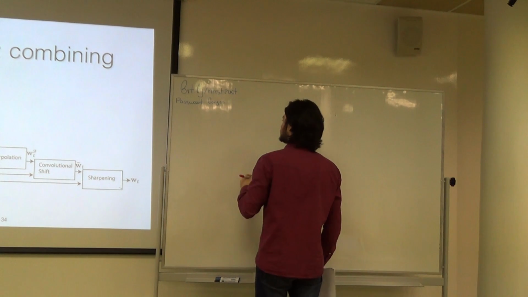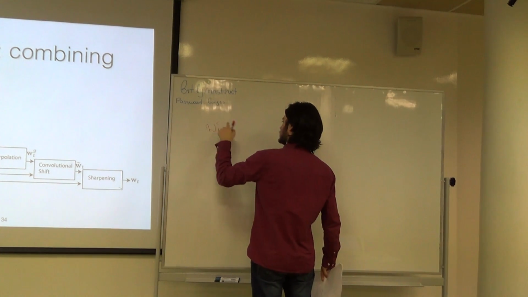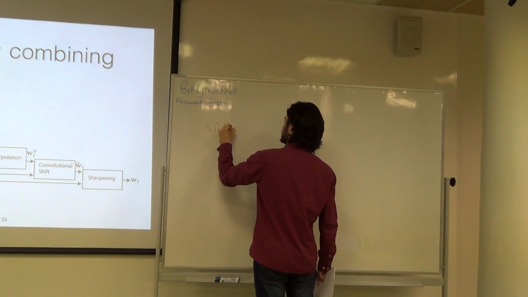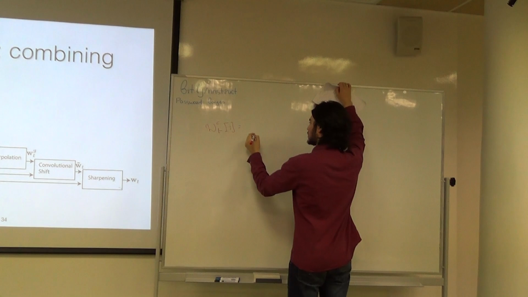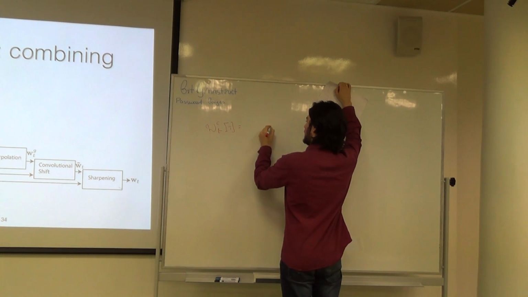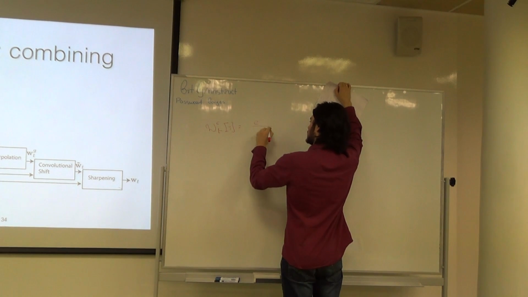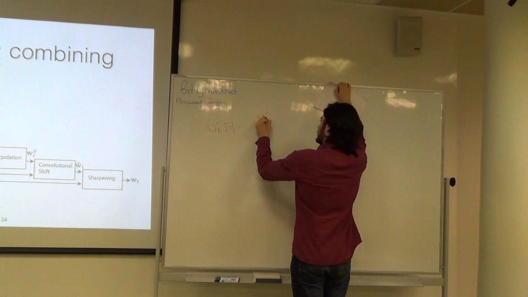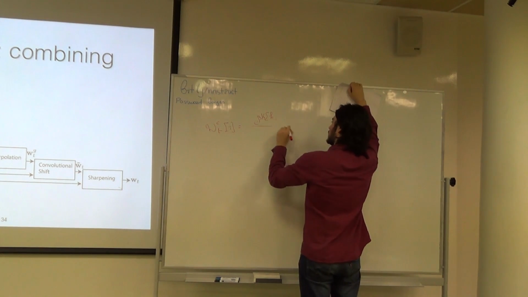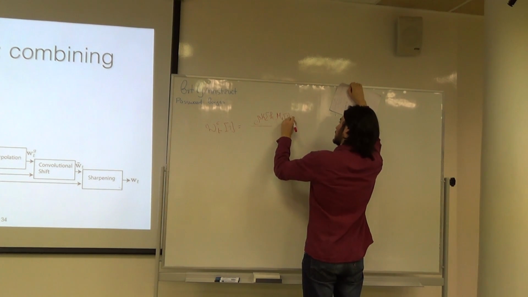The w_t^c, c stands for content, at the position i is just a softmax of the cosine similarities. So it is e to the power of beta times the kernel of the key and the memory state at the position i.